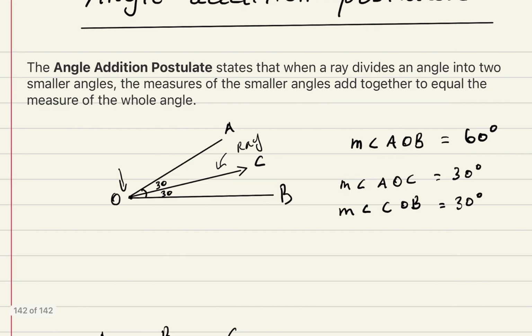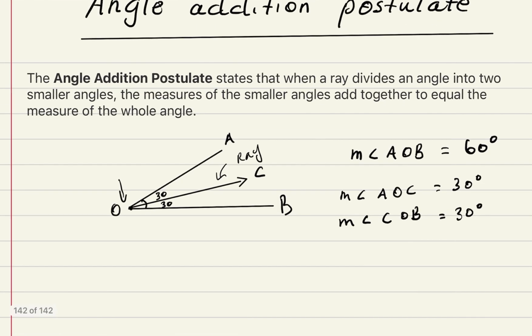So again, going back to the angle addition postulate, essentially it allows us to add the two smaller angles to get the bigger angle, right? So in this case, the measures of the small angles are 30 degrees plus 30 degrees. So we can essentially add those two smaller angles to get the bigger angle.